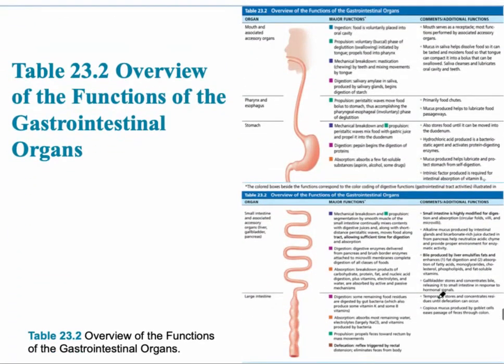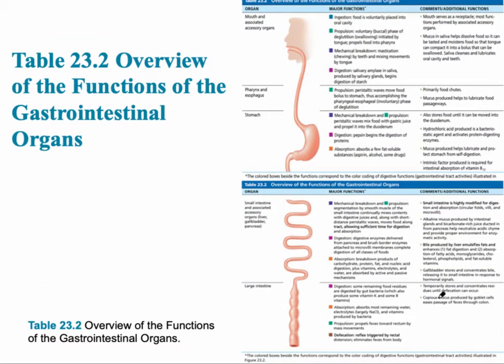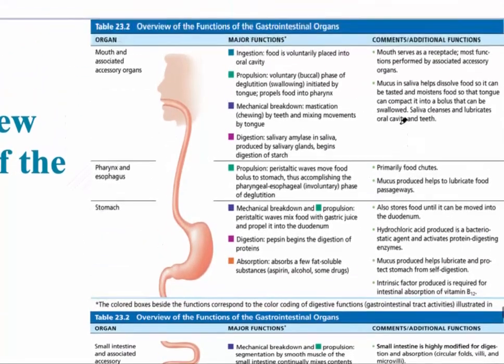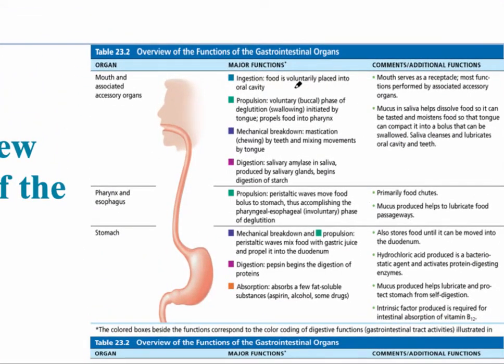So the function of the GI organs are nicely summarized in this overview table. So I'm going to zoom in so we see a little bit more closely. And so in the mouth and the accessory organs, there are several functions. Ingestion, so that would be the voluntary intake of food.